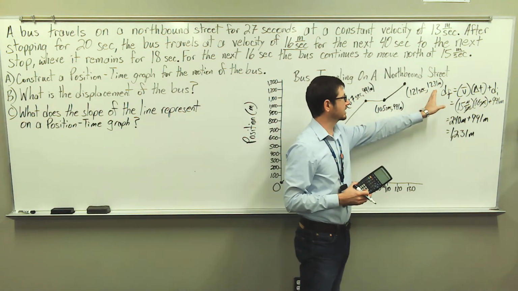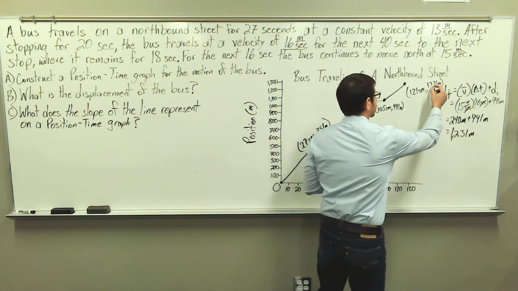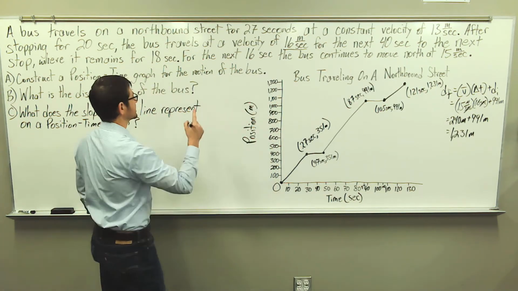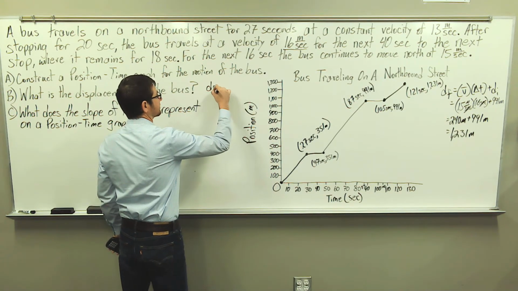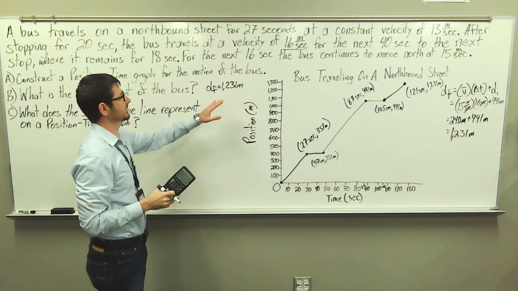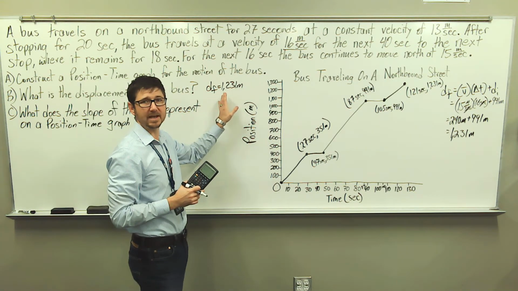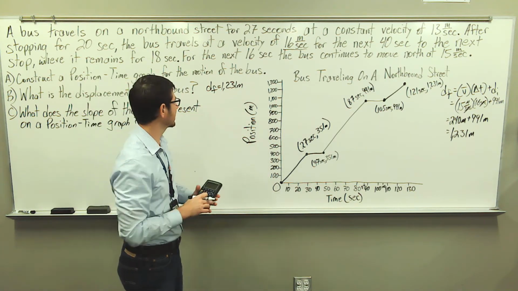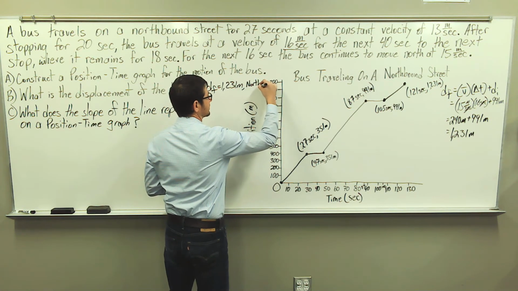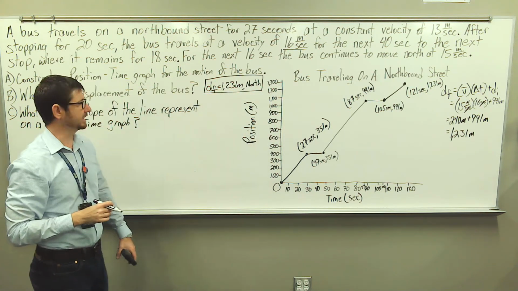We can take a look at our position time graph, and it's 1,231 meters. So our final displacement, 1,231 meters. Now, if we leave it like this it's just distance. So displacement is a vector. We're required to describe the direction, and we can say north. Okay? So that's part B.